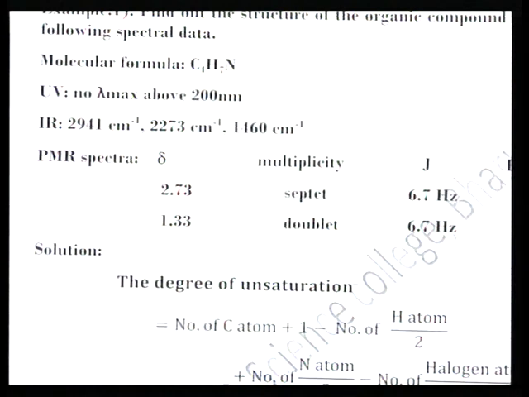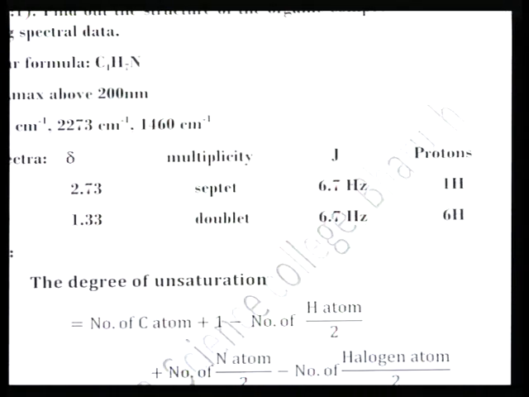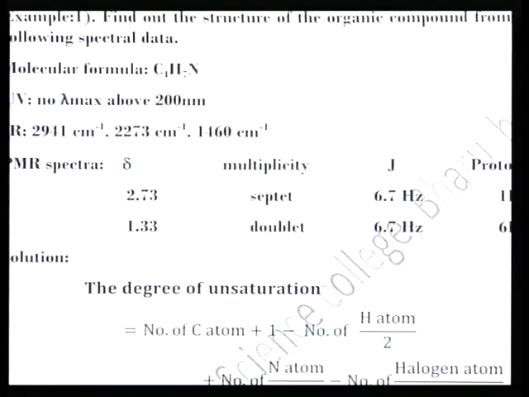IR absorption bands at 2941 centimeter inverse, 2273 centimeter inverse and 1460 centimeter inverse. The PMR spectrum shows two signals, at chemical shift values 2.73 and 1.33, with multiplicity septet and doublet, J value 6.7 Hertz, and number of protons 1 proton and 6 protons.